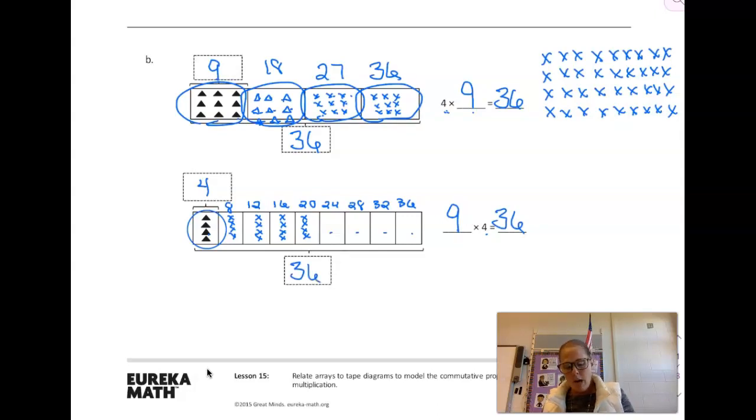Over here, when we draw our array, we're going to have 9 groups. Okay, now when you start drawing these 9 groups, it's important that you keep it lined up neatly, because if you don't, your numbers aren't going to come out right. And then we need 4 in each group.